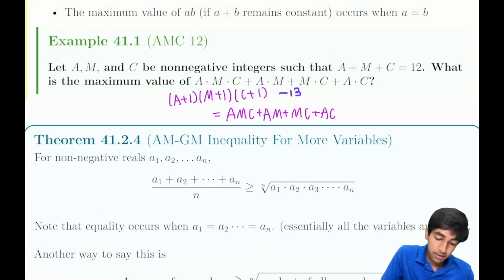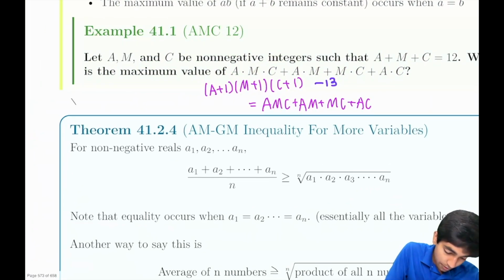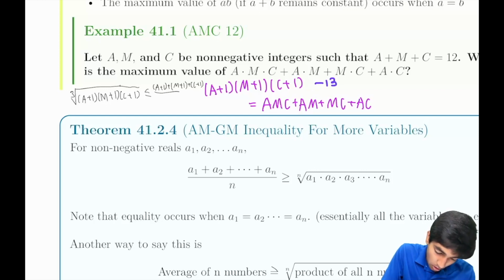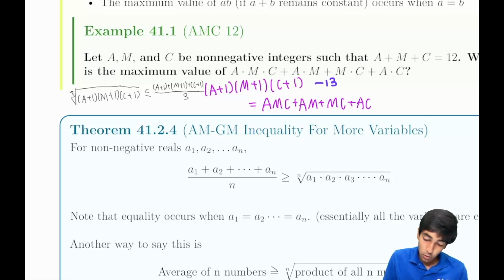So now let's maximize this using AM-GM. We got the cube root of (A plus 1)(M plus 1)(C plus 1), and that's less than or equal to (A plus 1 plus M plus 1 plus C plus 1) all over 3, which is 5.